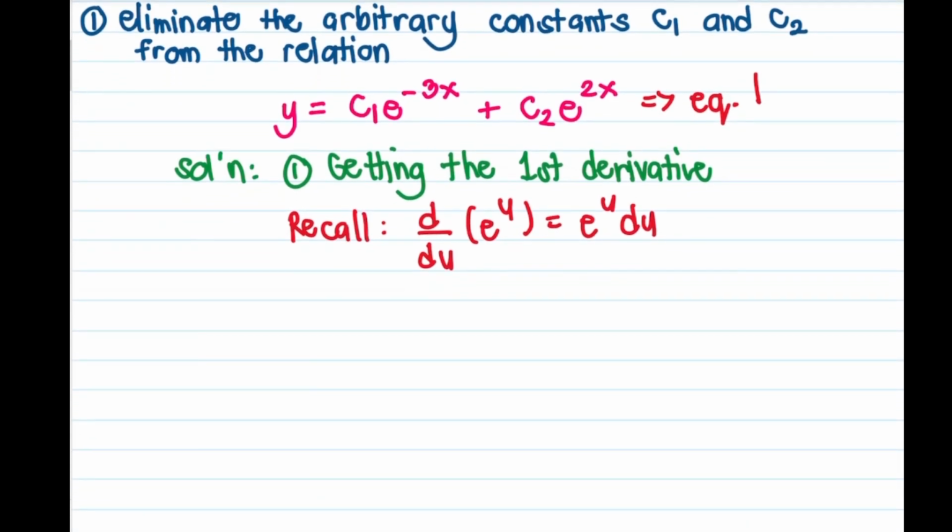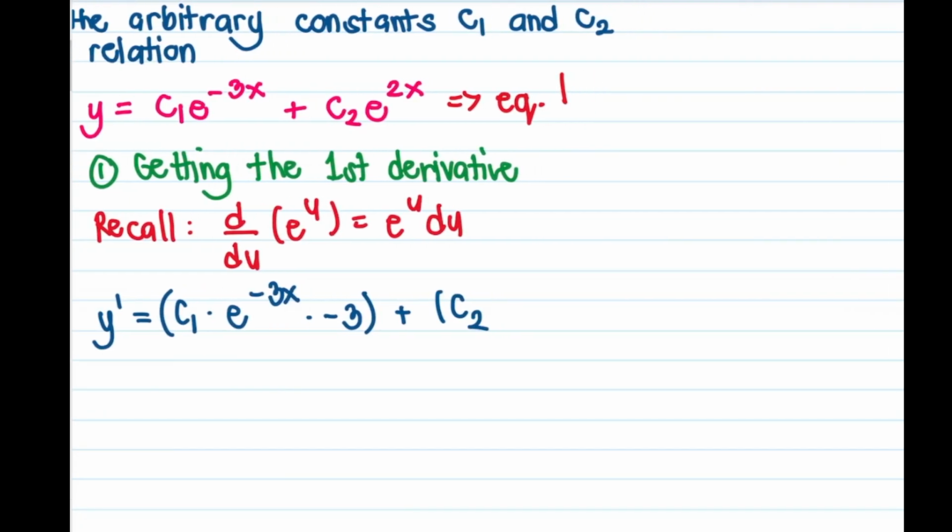So y prime is equivalent to, since c1 is constant, let us first set c1 aside. So that one will be c1 multiplied to e raised to negative 3x, derivative of negative 3x is negative 3, plus c2, derivative of e to the 2x is e raised to 2x times 2.